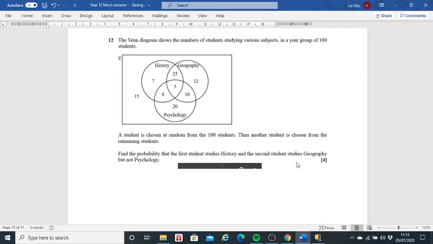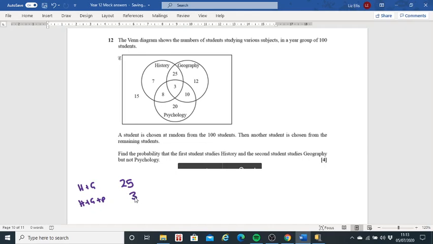So we've got a couple of options here. Student number 1 could study history and geography. Student number 1 could study history, geography, and psychology. That's the 3.